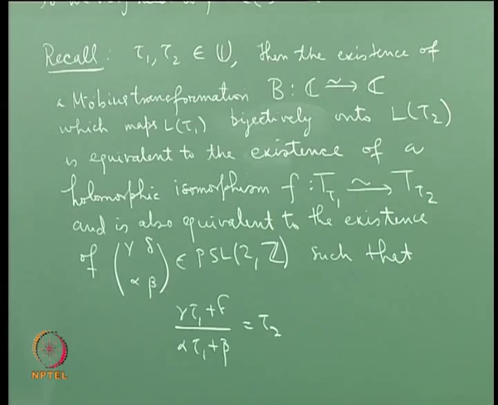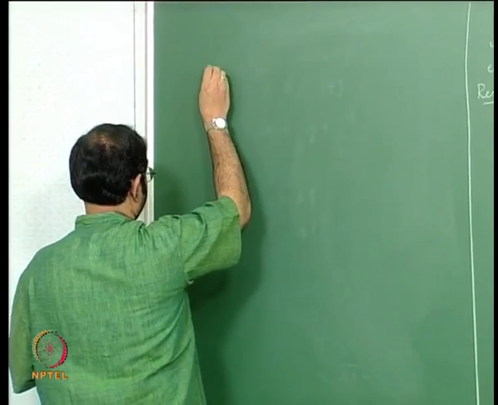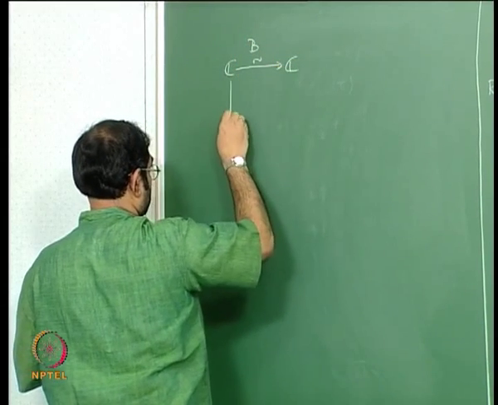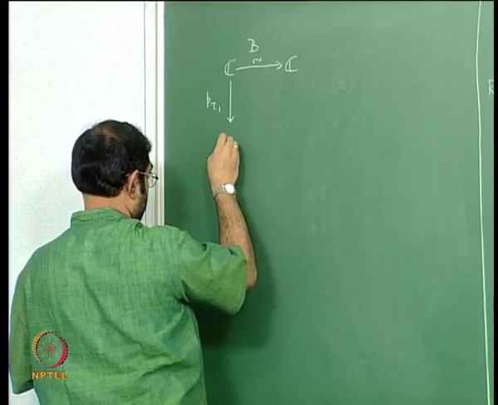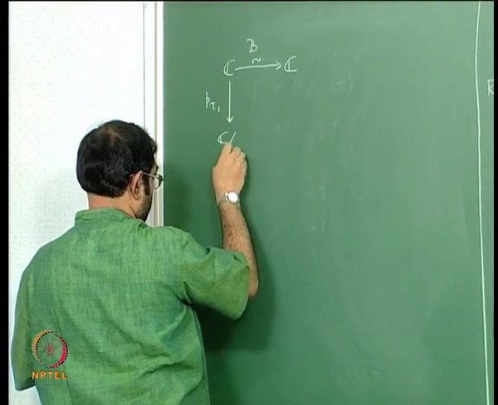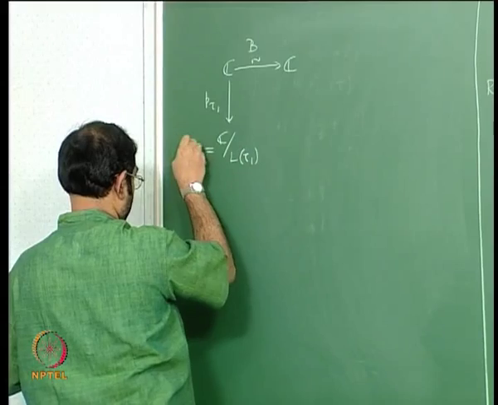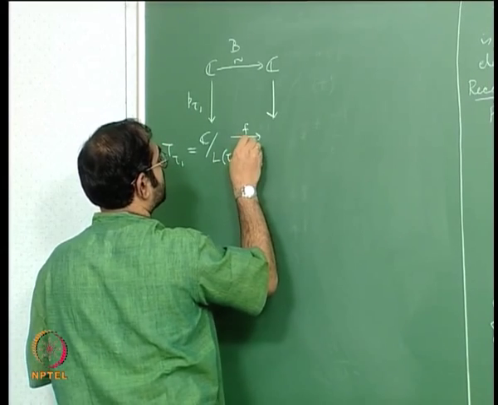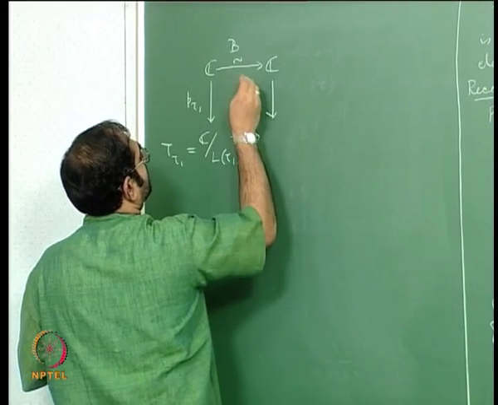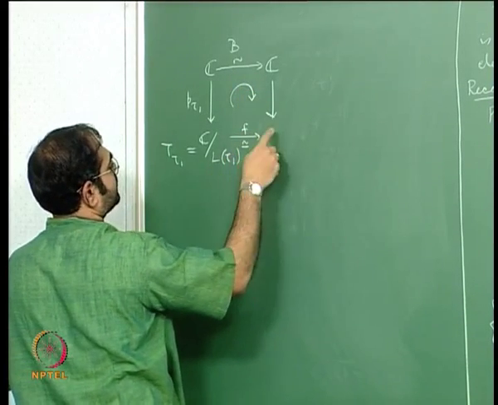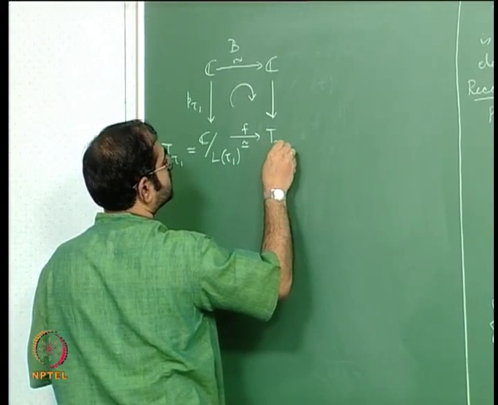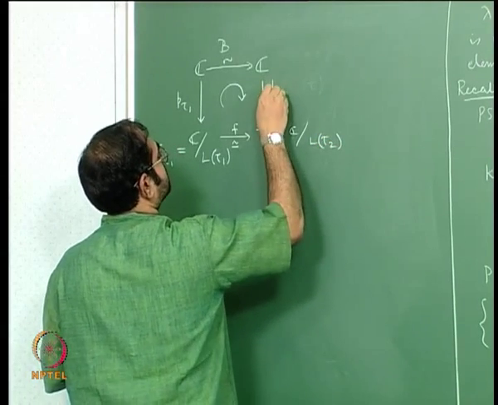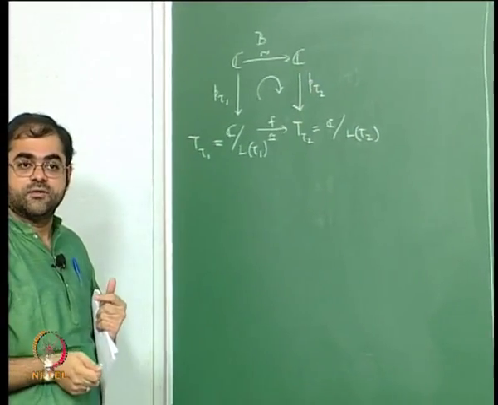We have this Mobius transformation B which goes down to the complex torus defined by tau 1, namely T sub tau 1, and it goes down to a holomorphic isomorphism of T tau 1 to T tau 2, which is C mod L tau 2, and this is the projection which is a holomorphic universal covering.